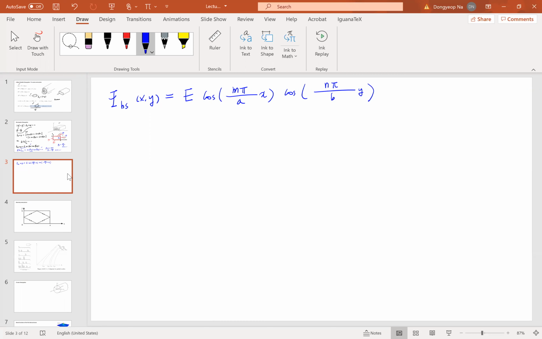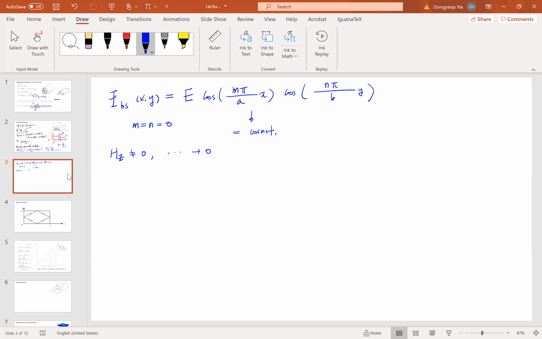However, let's consider the case when m and n are equal to 0. Then this field is just a constant, not a function of x and y, so except for the h z field, all the other electromagnetic fields are going to be 0.